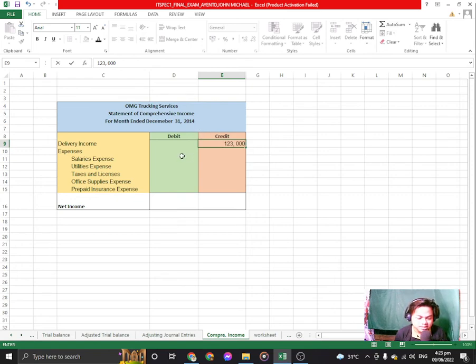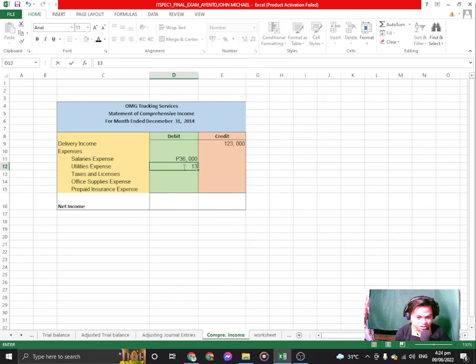Then expenses na to siya mao na atong na expense for the salary expense, utilities, taxes and licenses, office supplies expense, prepaid insurance expense. So ang value sa to ang amount sa to ang salaries expense is 36,000 pesos. 36,000 pesos for the utilities expense.